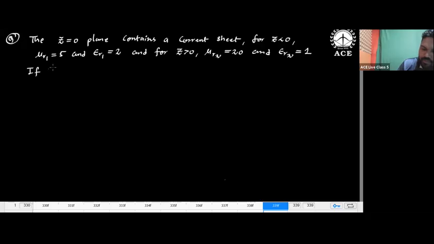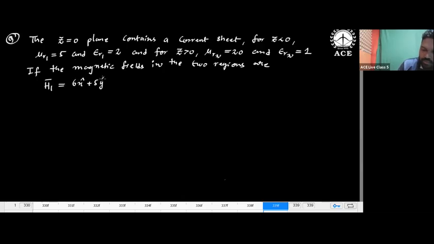If the magnetic fields in the two regions are H1 is equal to 6x cap plus 5y cap plus 8z cap ampere per meter, H2 is equal to 2x cap minus 3y cap plus 2z cap ampere per meter.